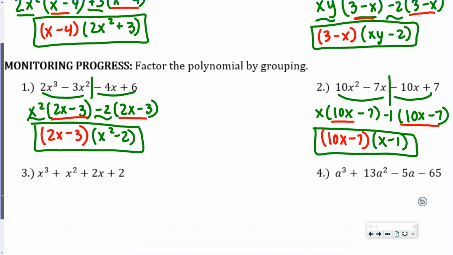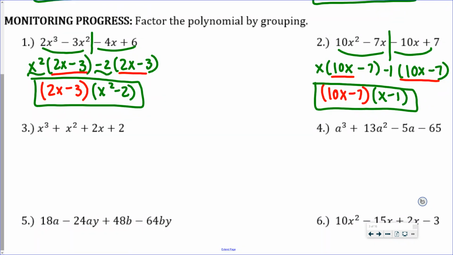All right, try 3 and 4. These ones I think are a little bit easier, so I'm going to give you a little less time. If you feel ambitious, you can try 5. 5 is a little more difficult.